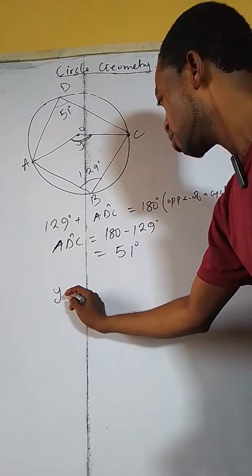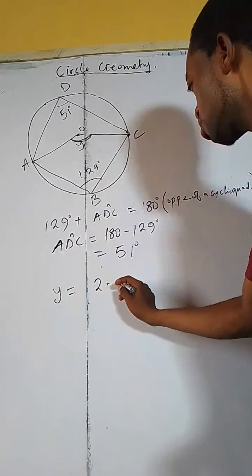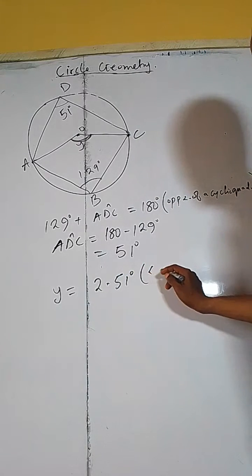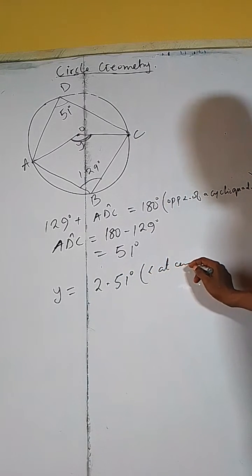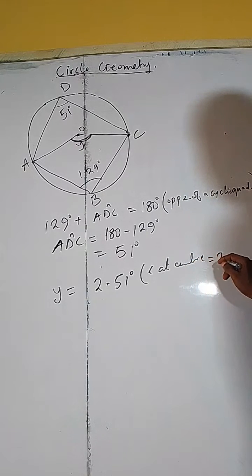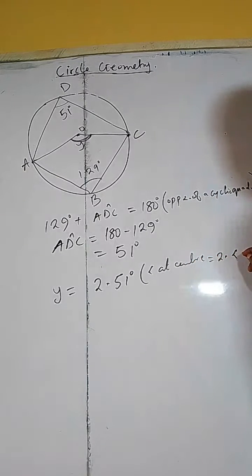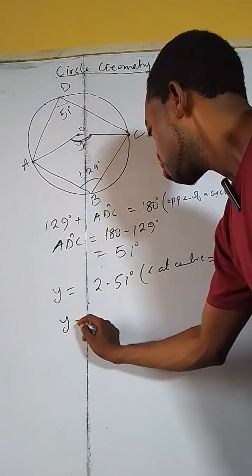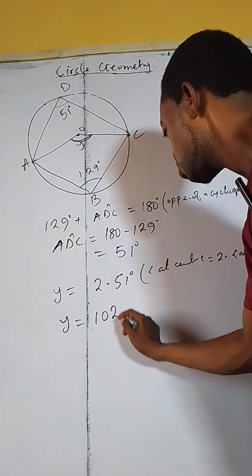Therefore we can say y is equal to 2 times 51 degrees. We give the reason that angle at center is equal to 2 times angle at the circumference. So that's the reason why. Then that means y here is now equal to 102 degrees.